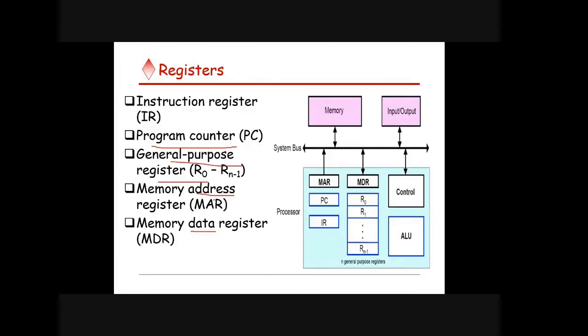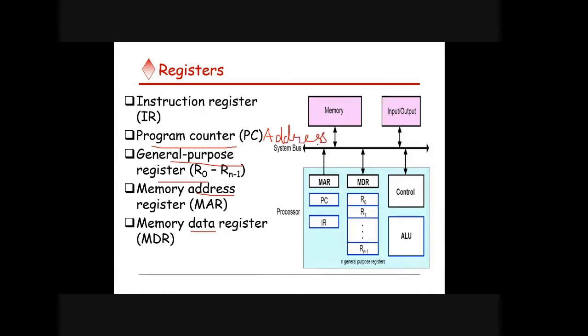Are you clear? So we have studied two registers: the program counter and the memory address register. Both will be storing an address. That part at least you should remember.